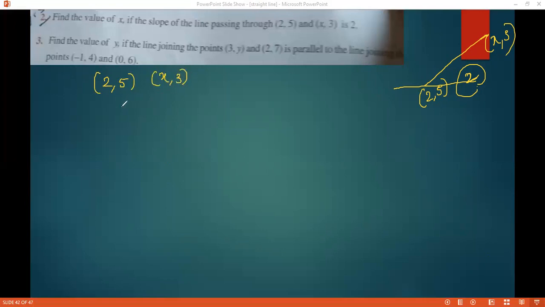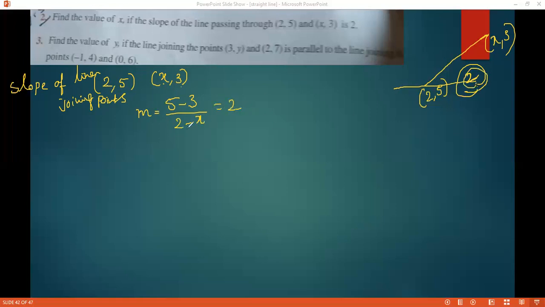Can we find the slope? The slope of the line joining these two points is m = (y1 - y2)/(x1 - x2), which is equal to 2, because according to the question the slope is given as 2.